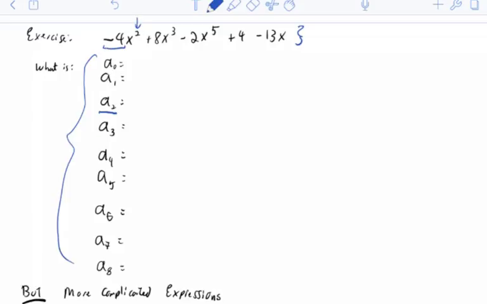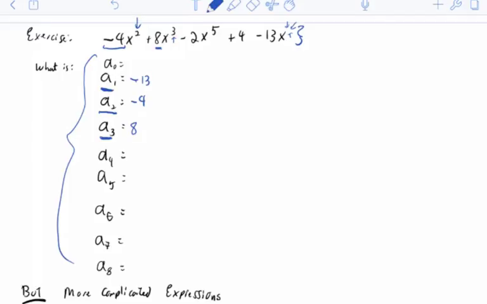So it's minus 4. a_3, it's the coefficient of the term that has a 3 up there. So it's equal to 8. a_1, that's the term that has x to the power 1. Oh, remember, when it's x to the power 1, we don't write 1. So call that minus 13.